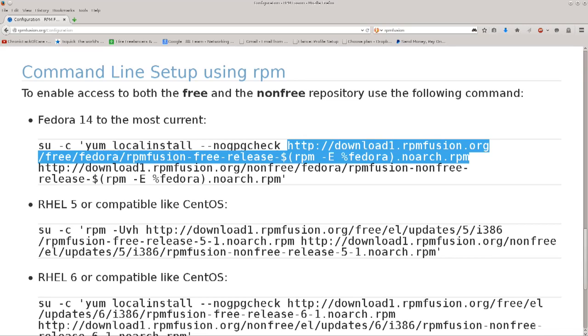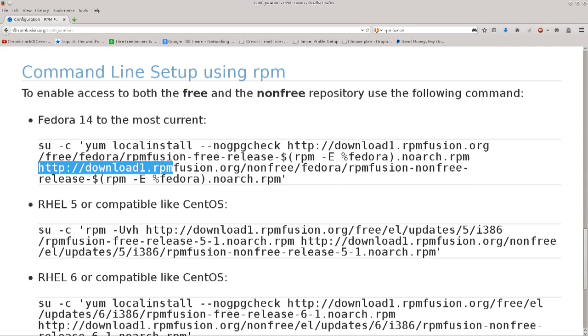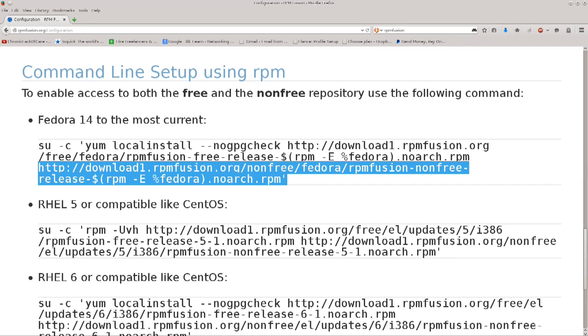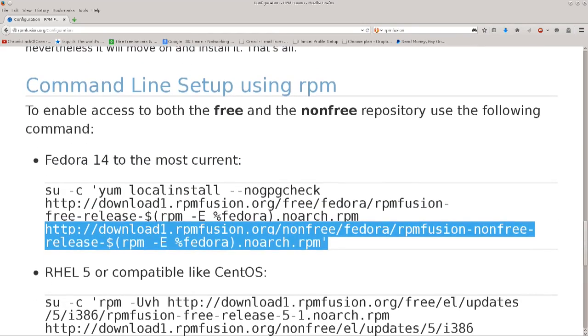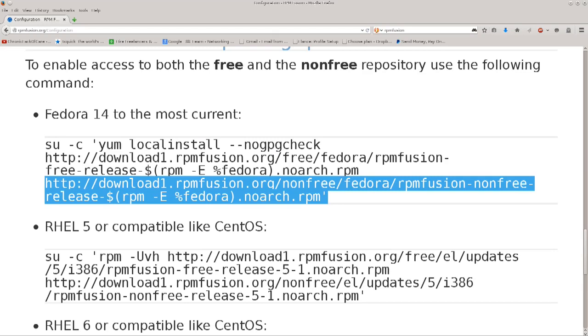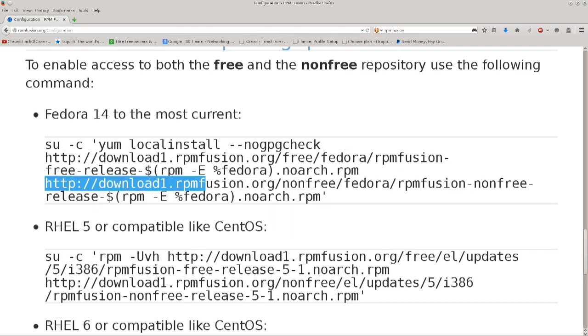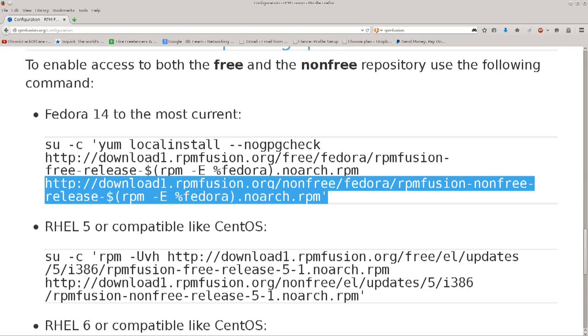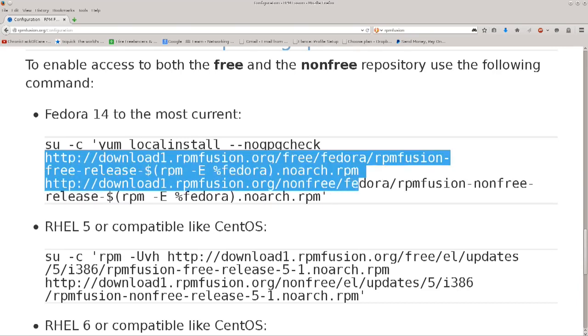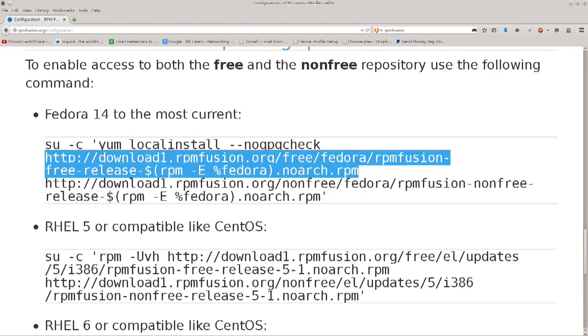And down below you have the second address, again download1.rpmfusion.org, and it says non-free. So I'm highlighting the entire thing here. Let me just zoom it in a bit more so everybody can see. And there you go. They're not completely different addresses, but they are definitely different addresses referring to different types of repositories.